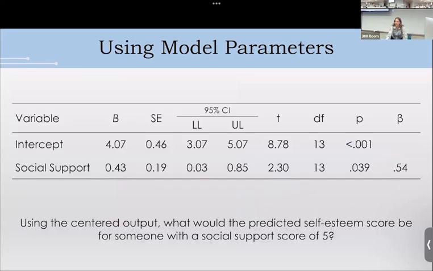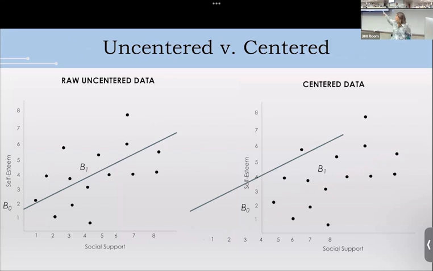So let's look at that. Using centered output, what would the predicted self-esteem score be for someone with a social support score of 5? Here's the raw uncentered data. So we go 5 to here, but on the centered data where we moved everything over, it's here.